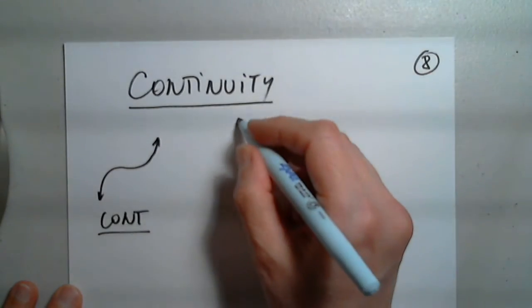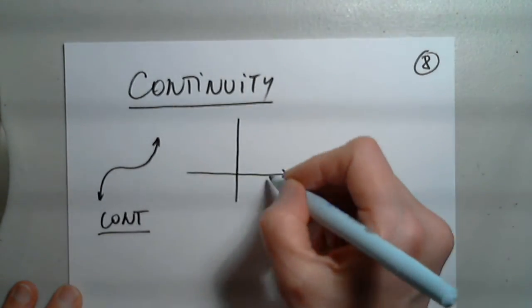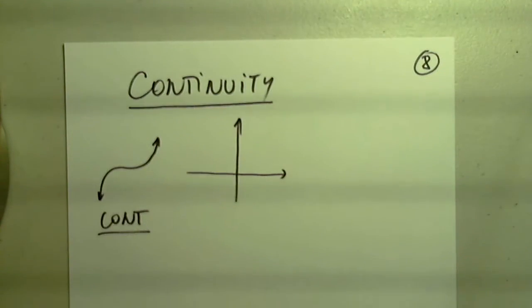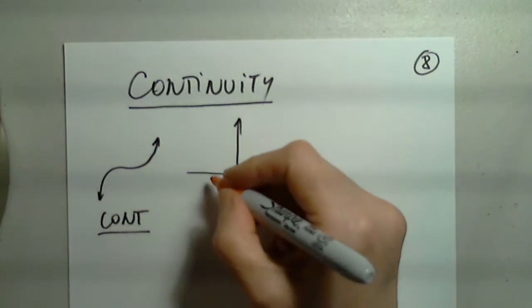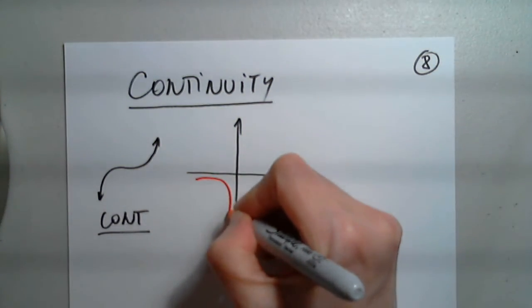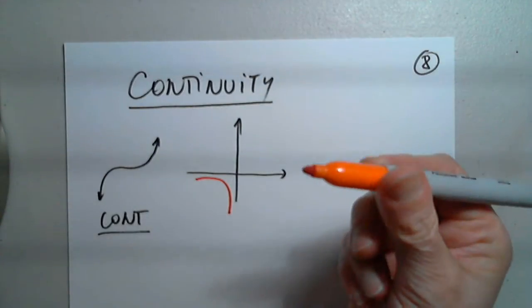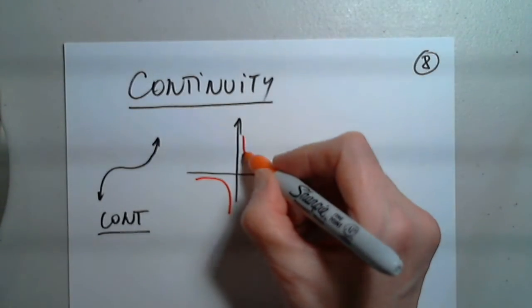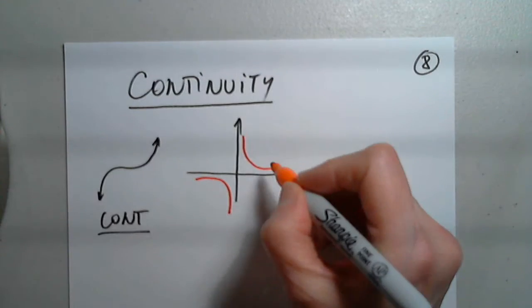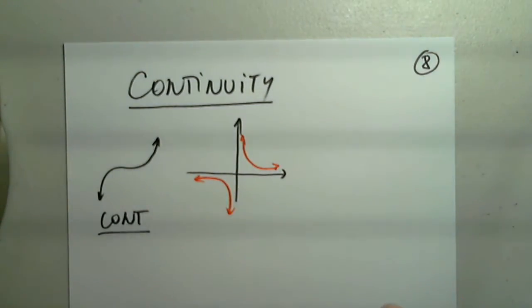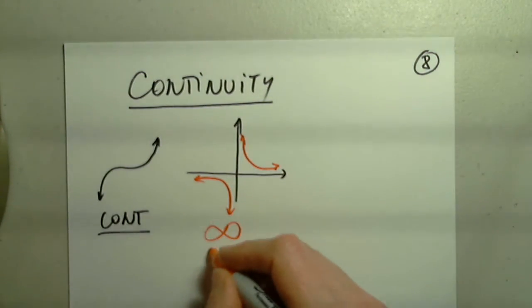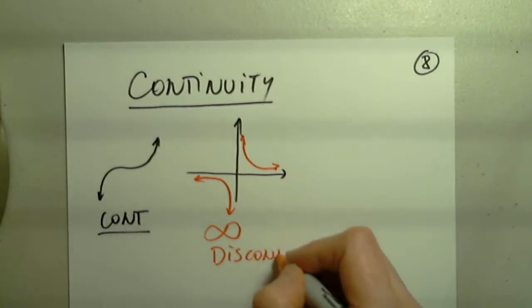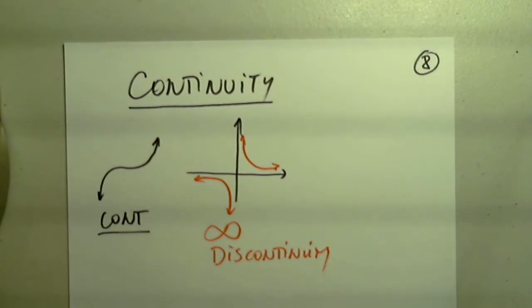Here's another function. I raised the marker off the paper and I continued. This function is not continuous. It has an infinite discontinuity at 0.